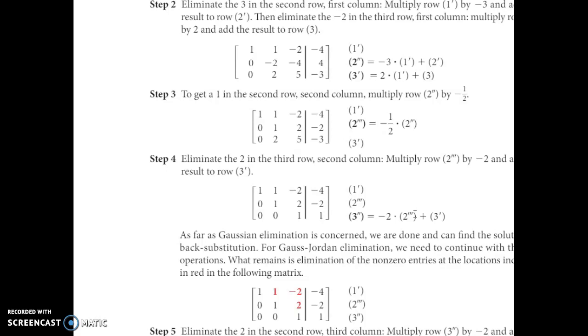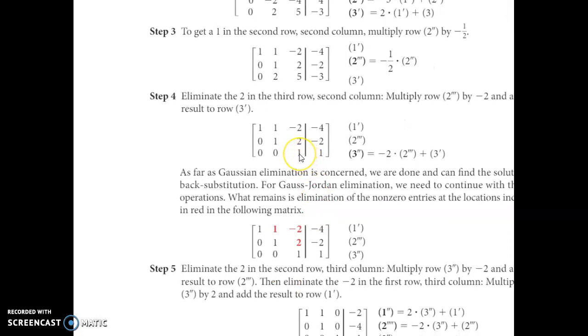So this is not the original second row, but this is already like the third time that the second row changed. So anyway, -2 times 1 plus 2 is indeed the 0 right here. -2 times 2 is -4 plus 5 is indeed 1. -2 times -2 is 4, minus 3 is also 1. And oh, how lucky, there's a 1 right here, and there's already a solution.